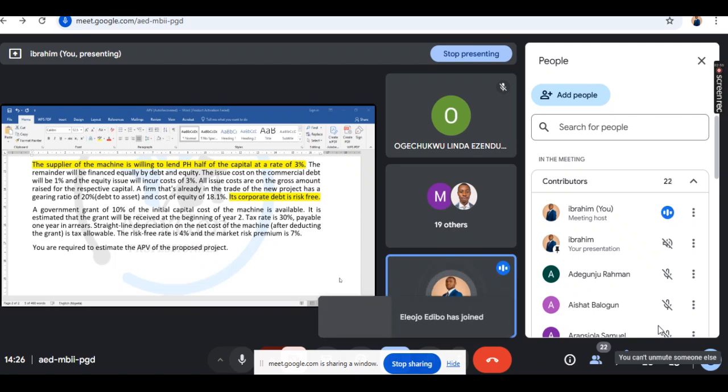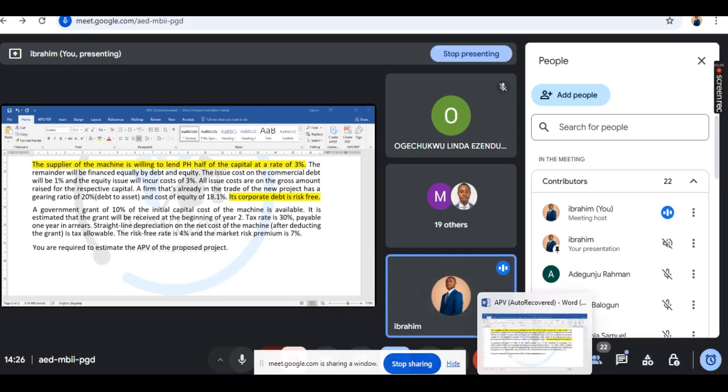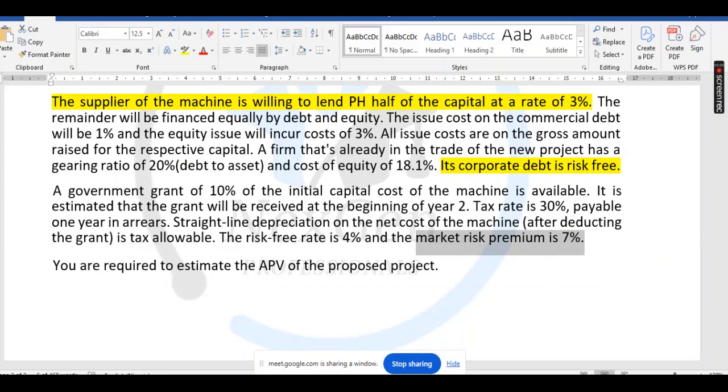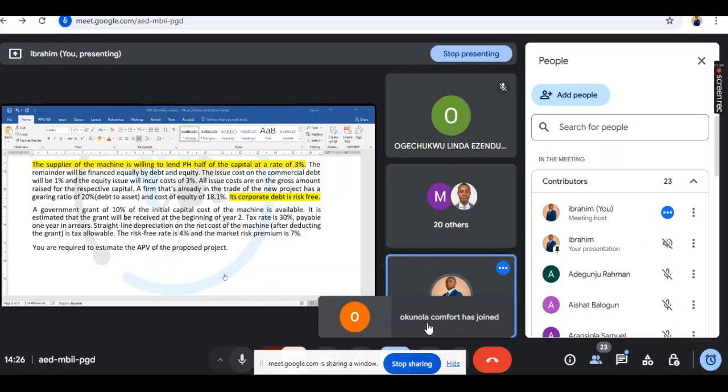Now, we have two options. Either we go by our normal routine option or we use the Modigliani and Miller assumption. We will use both, then we will see it together.